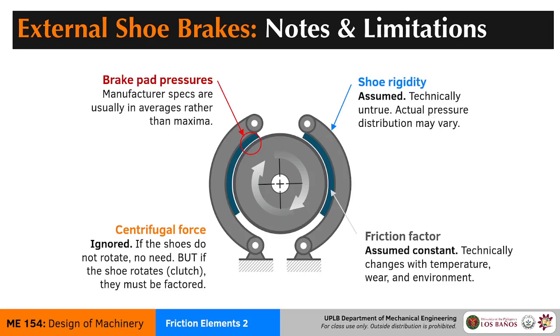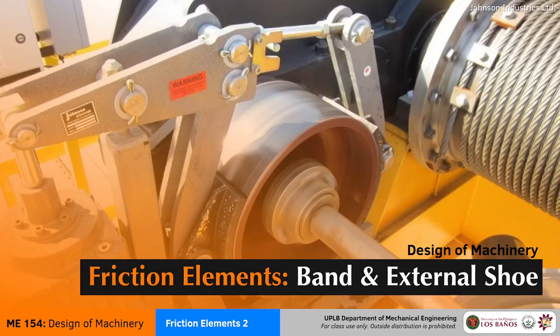And depending on the environment, you could get some funky things happening to your braking materials. Keep in mind if you're using a very hydrophilic braking material in a very humid environment, you could get some wetness in the brakes. That could cause some reduction in the friction factor. But those are the things that you want to note for shoe brakes.